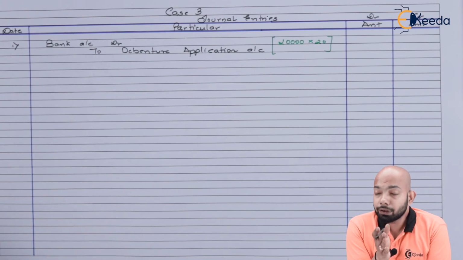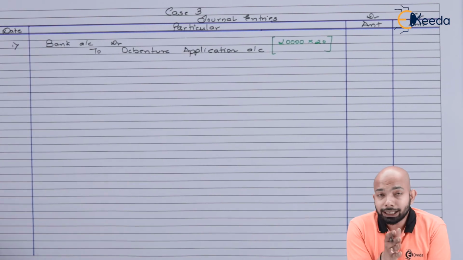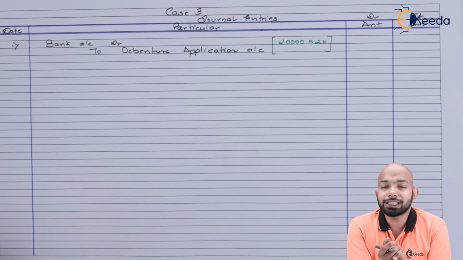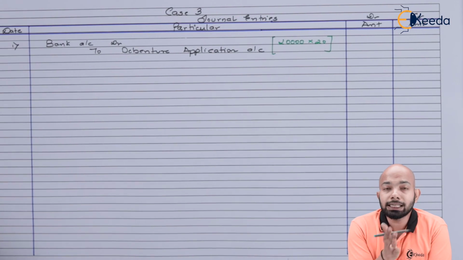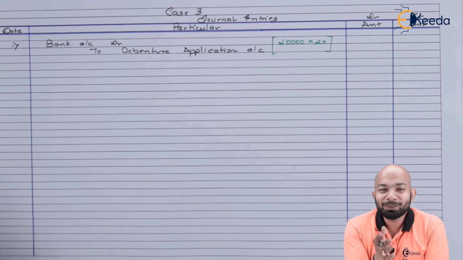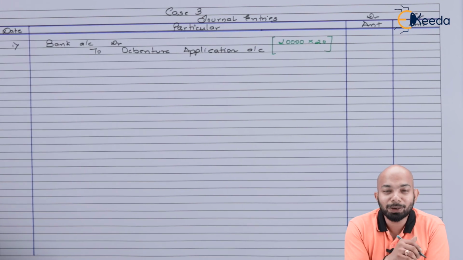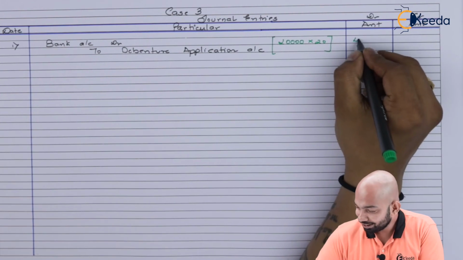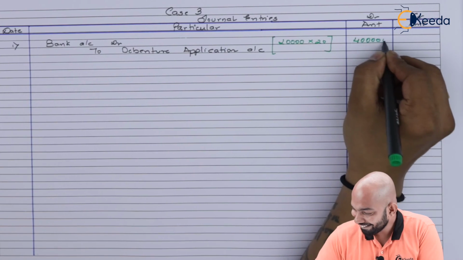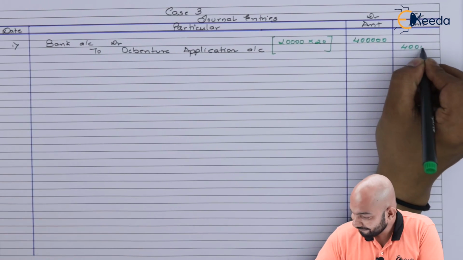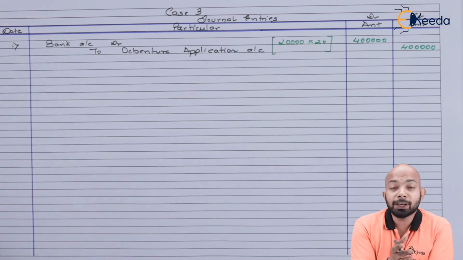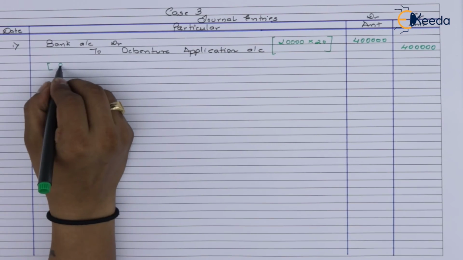So the total amount that we have to take into consideration here is 20,000 debentures, for which we have received the application. Application money is 20 rupees. 20,000 multiplied by 20 will give you an amount of 4 lakh rupees here. So that is supposed to be mentioned. Let's mention the narration for this.